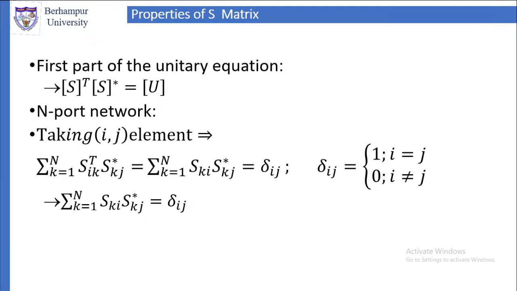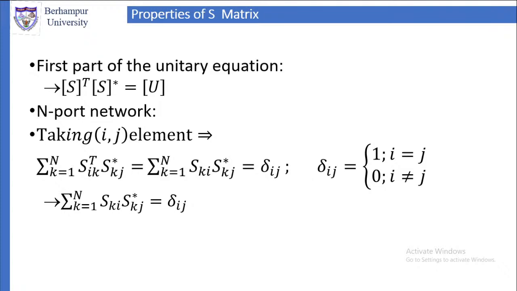So you can write that as summation over k is equal to 1 to n of Ski into Skj star, that is equal to the unit matrix.